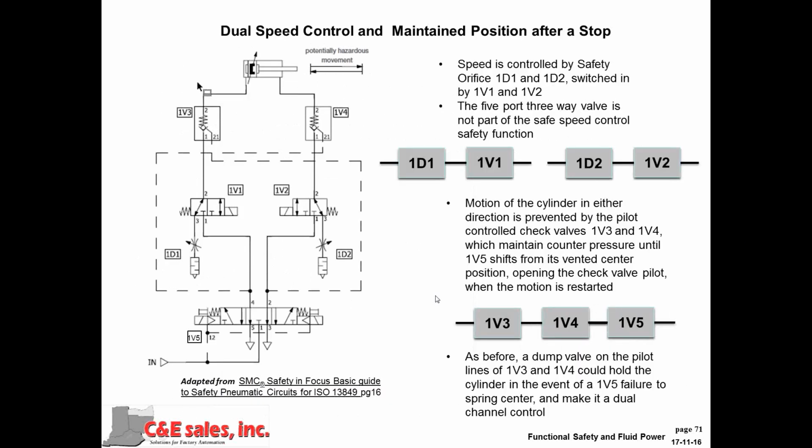This is a circuit which is a little bit more complicated. What we have here is two functions that we want to talk about. Remember, we said that one of the ways of controlling the hazard is to perhaps reduce speed.